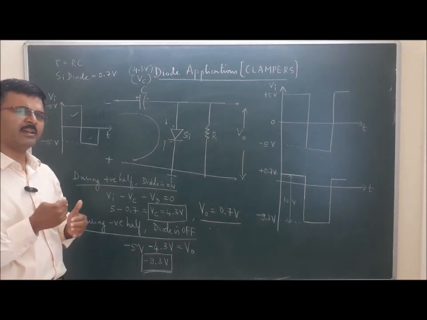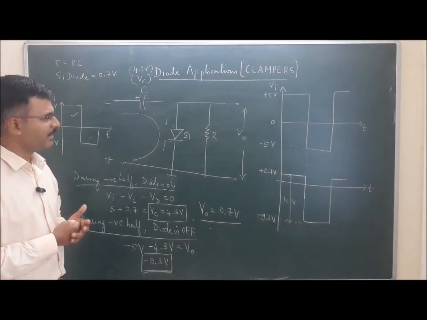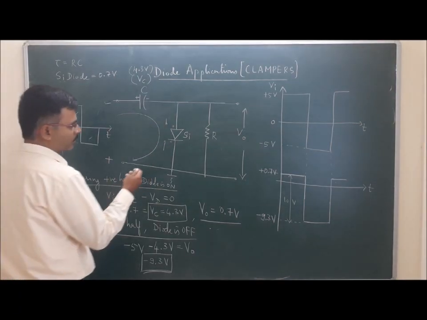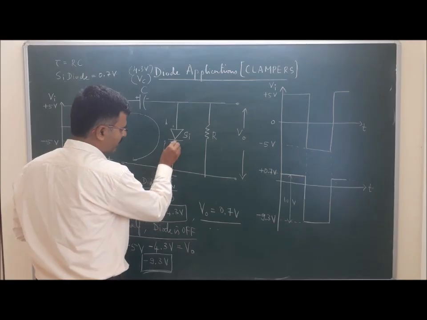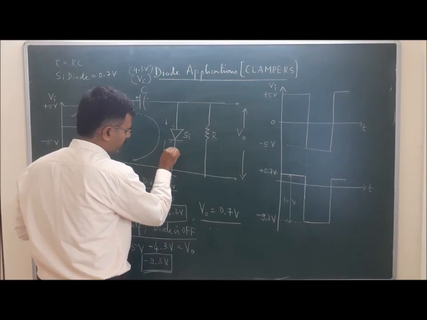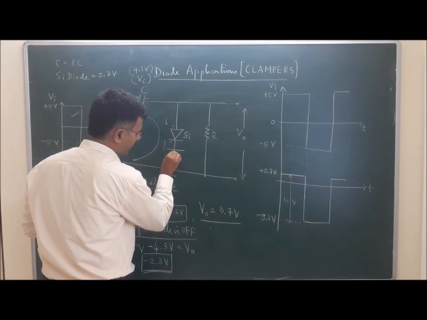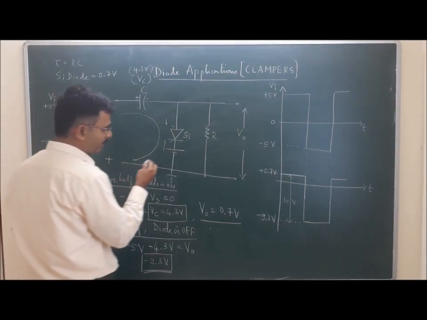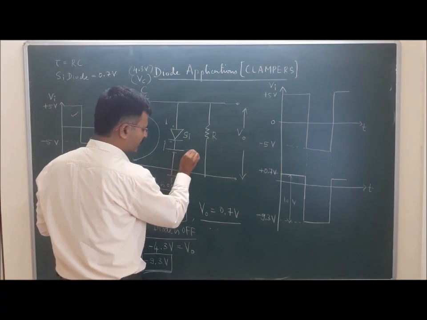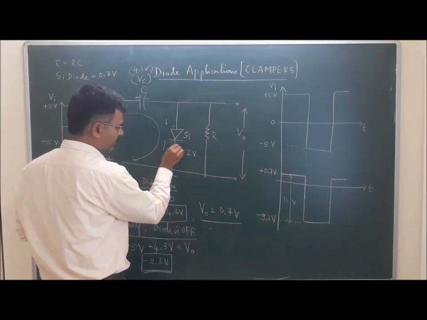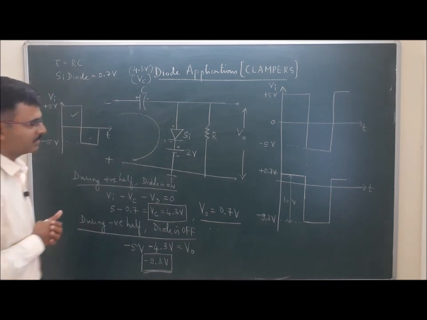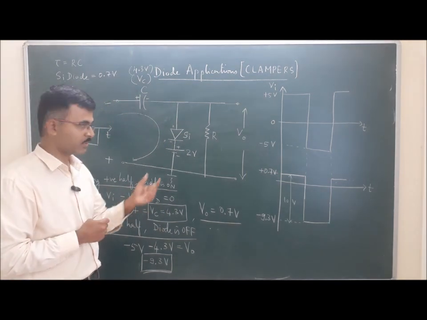Now things may get a little complicated if I add a battery in series to the diode. So let me just add a battery to it, as we had added in the case of clippers. So here also let me add a battery of 2 volts itself. 2 volts. So this is plus minus. Right. Now again, what happens to the transition level?